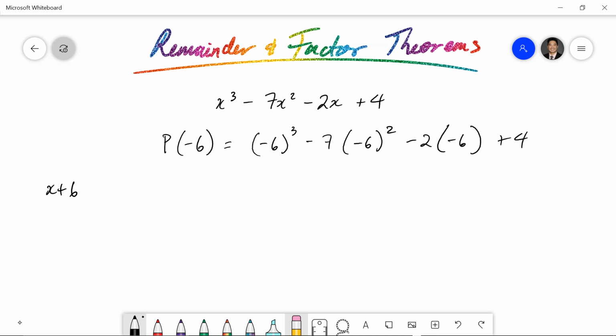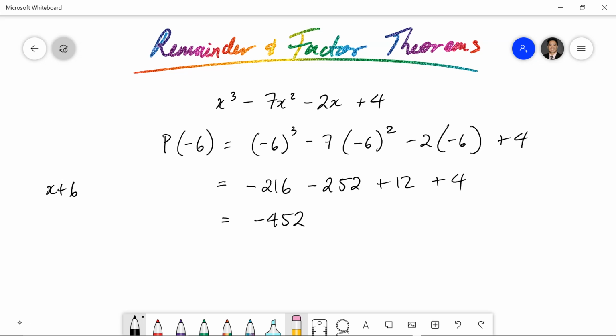Minus 6 all cubed is minus 216. Then minus 6 all squared is 36, and 36 times minus 7 is minus 252. Then minus 2 times minus 6 is positive 12, plus 4. Put all of that into your calculator and you'll end up getting minus 452.